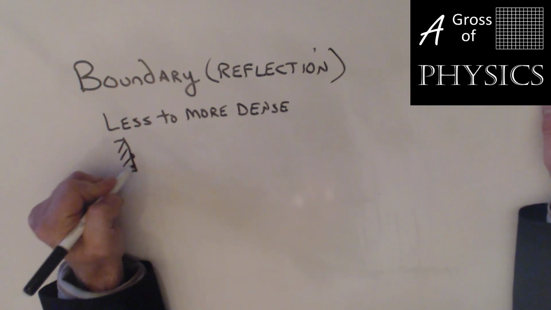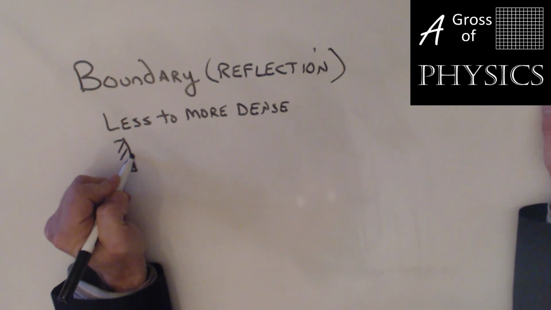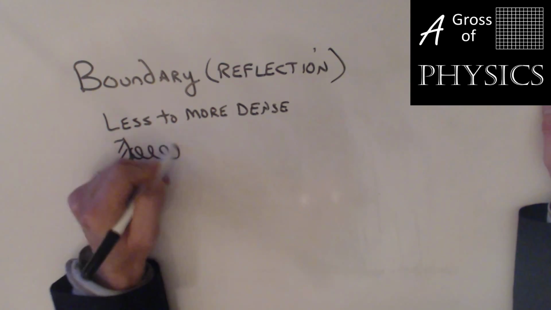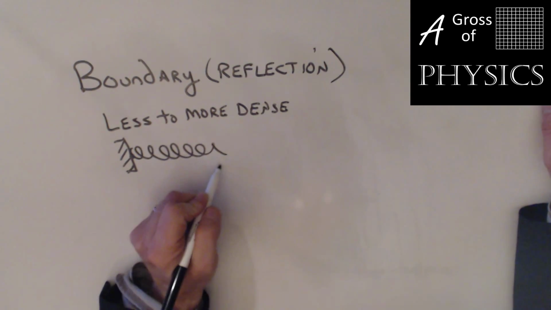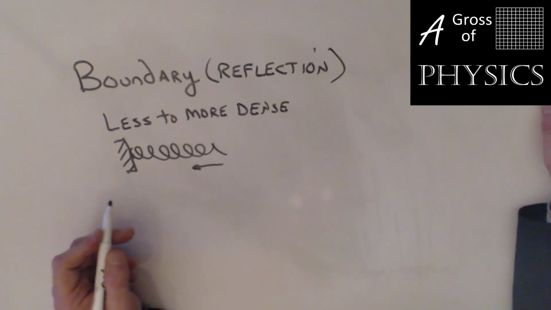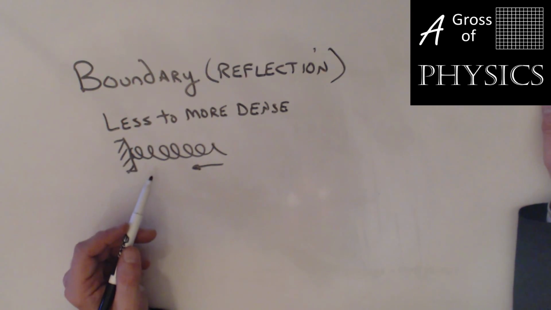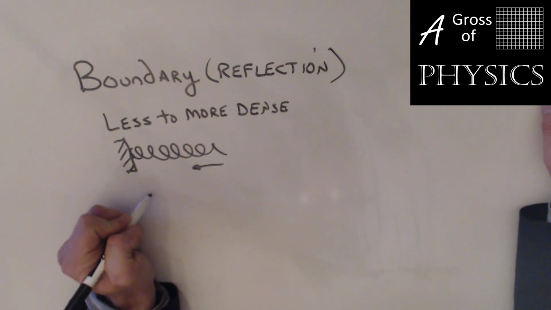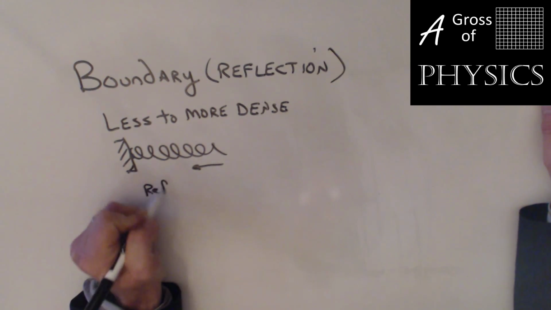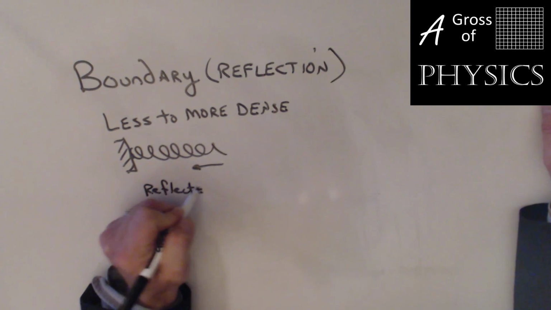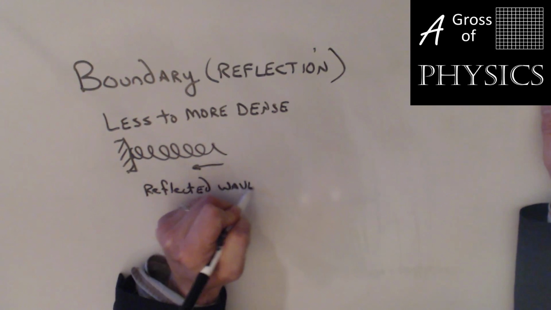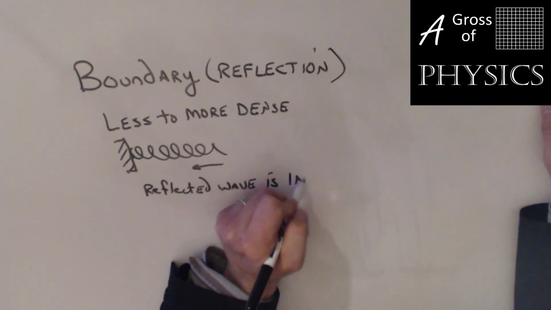So if this is the wall and this is the spring, what would happen is we have the spring connected here. If we were to send a wave down the length of the spring, either a longitudinal or a transverse wave, the reflected wave is inverted.